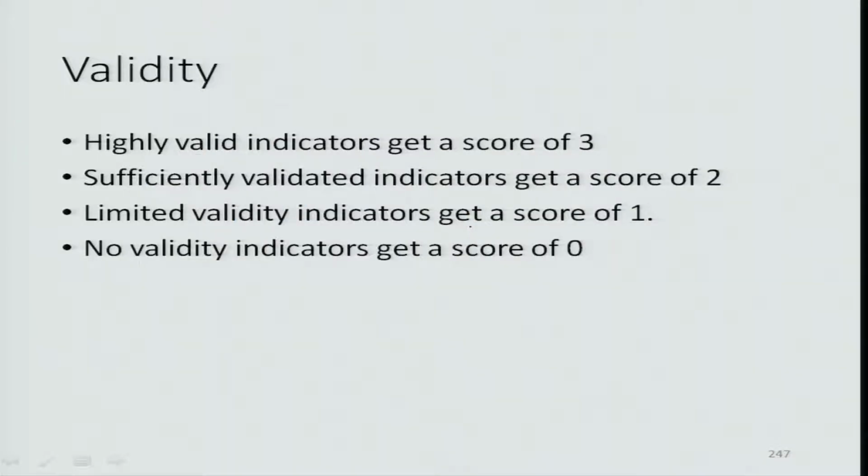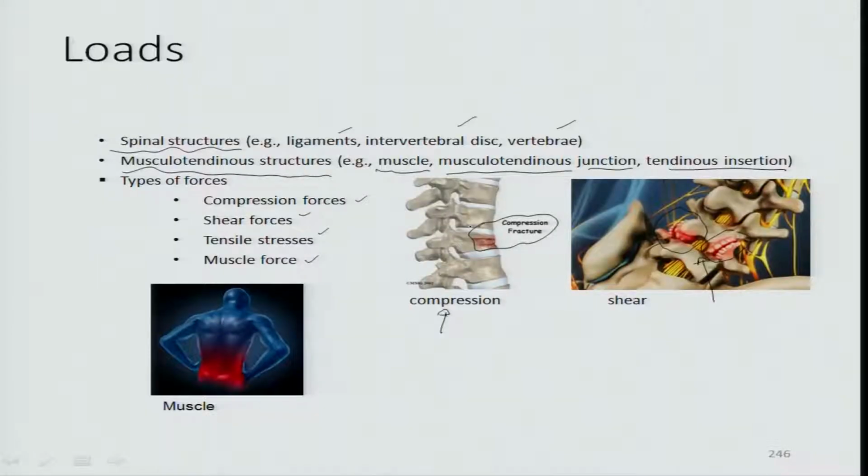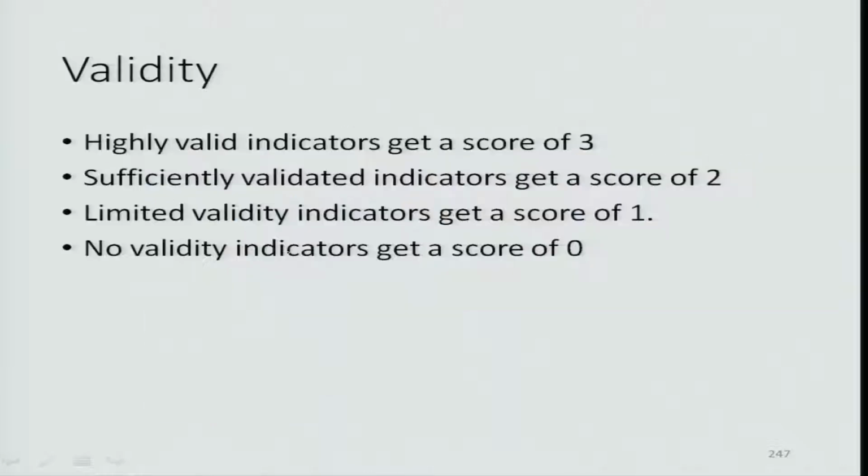What this study indicates is that you have different techniques through which you can gauge such forces. Some of them are through measurement of, let us say, the intraspinal pressure or the intramuscular pressure. This study lists such techniques, then lists the different compression forces, shear forces, tensile strengths and stresses, and tries to evaluate which technique would be suitable for measuring what kind of force in the spinal structures.